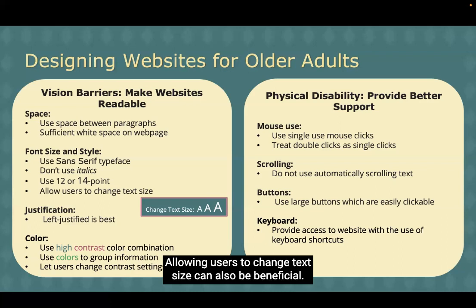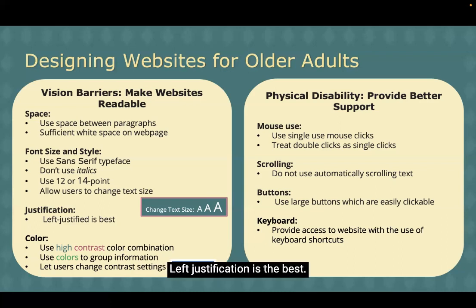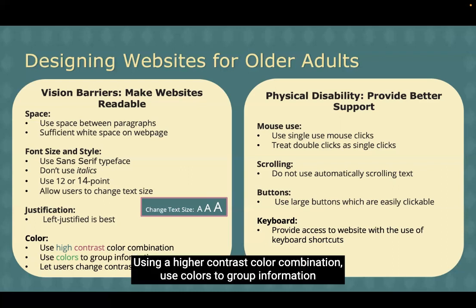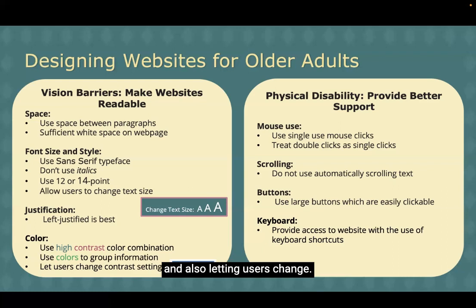Allowing users to change text size can also be beneficial. Left justification is the best. Using a high contrast color combination, using colors to group information, and also letting users change contrast settings can make your website more readable.